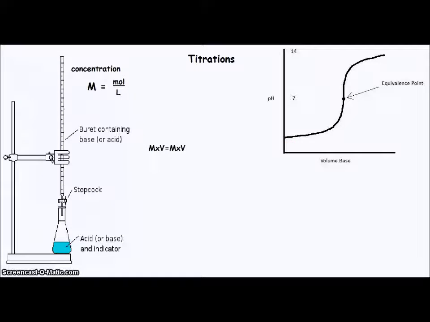This works when you have a strong acid and a strong base. So if this is your base on the left side, our titrant, we know the concentration of our base. Once we hit the equivalence point, once we're adding more and more base, neutralizing it, changing the pH, the indicator will change the color of the acid down here, so we'll know the volume of the base that we delivered to the acid.